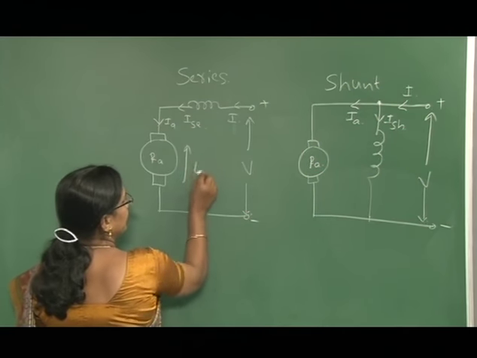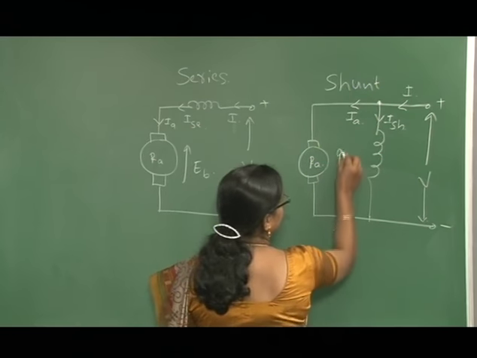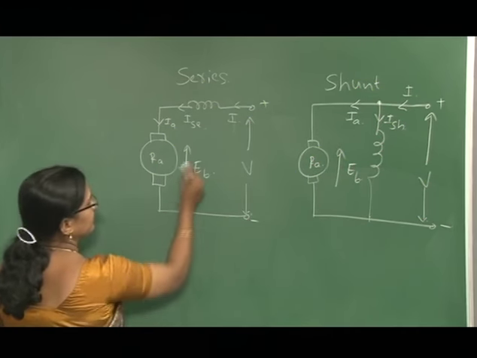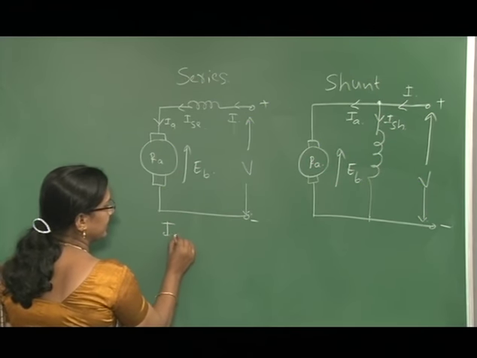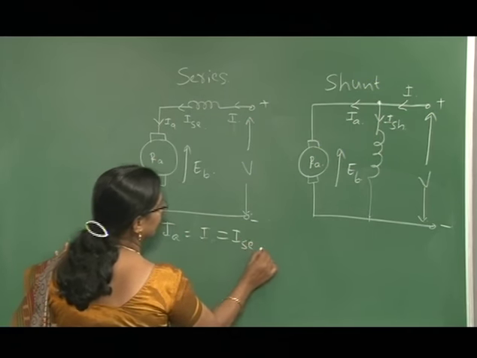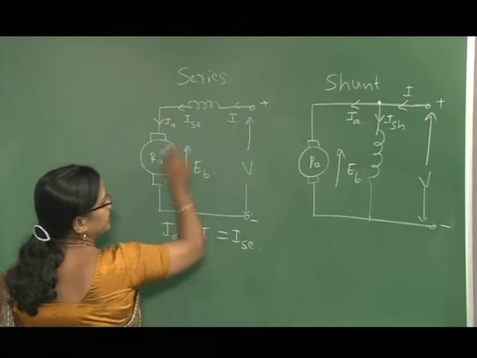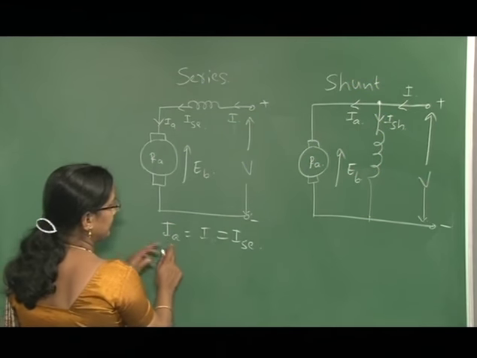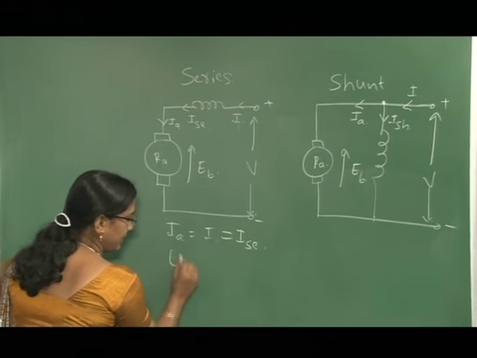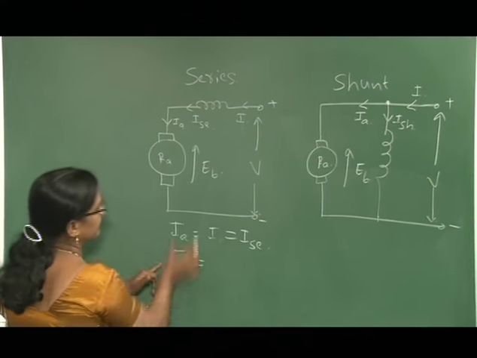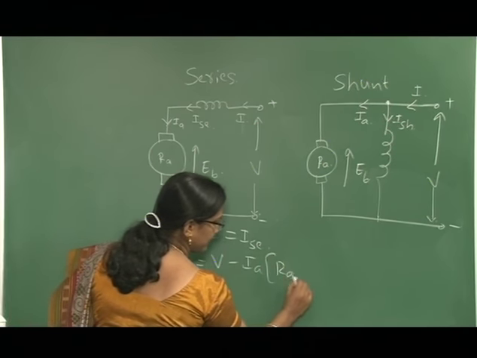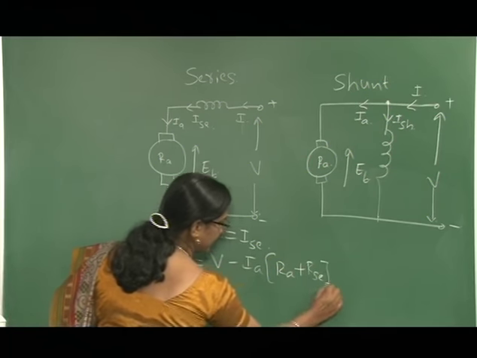Now EB is the back EMF developed, which opposes the supply voltage. For the series motor, IA is equal to I is equal to ISE, since all are connected in series. The back EMF induced is EB equals V minus IA times (RA plus RSE), because both are in series.